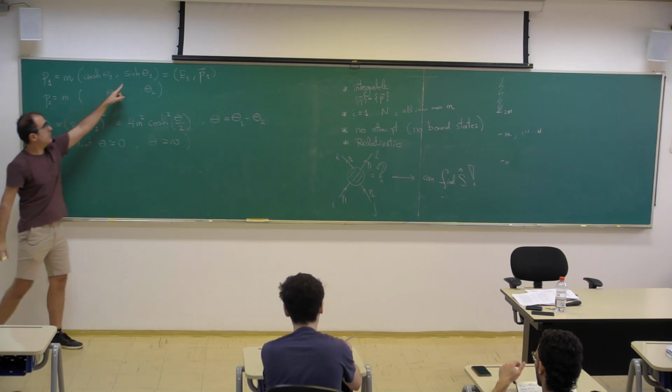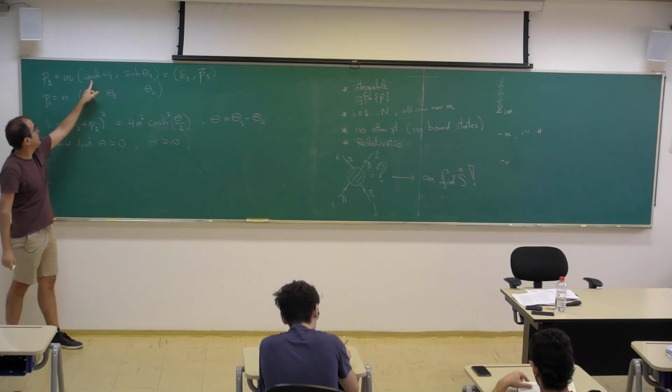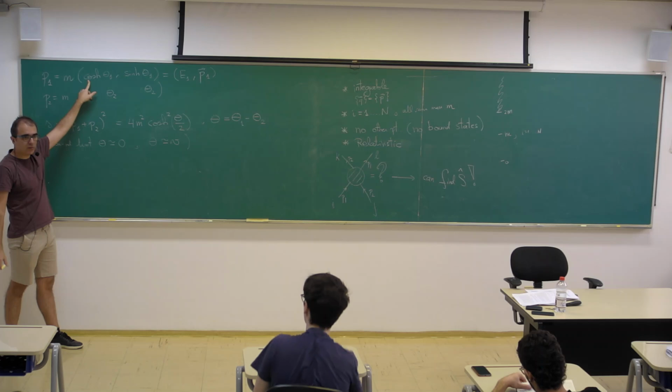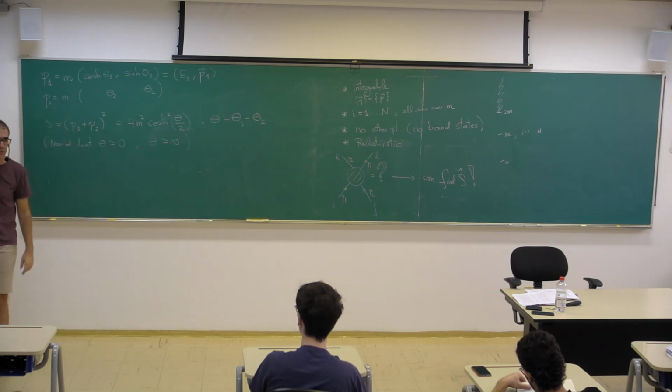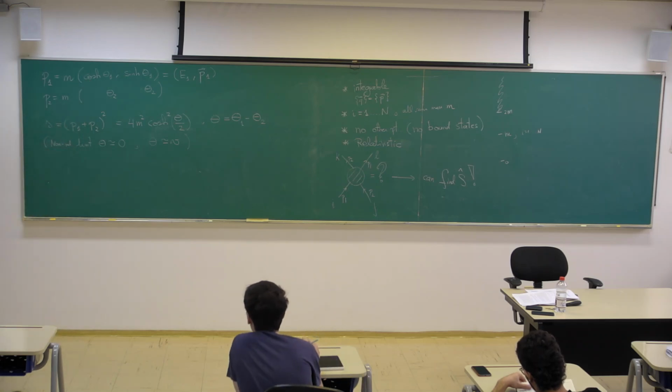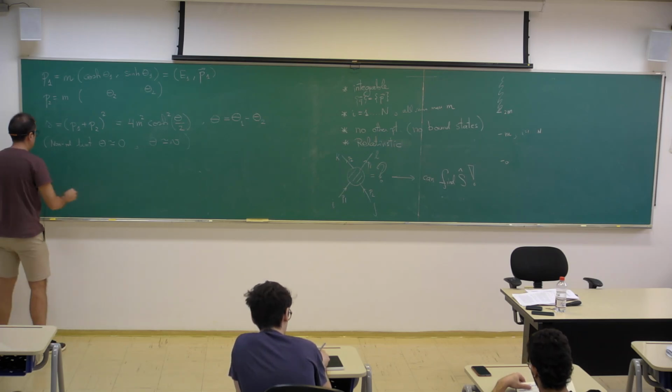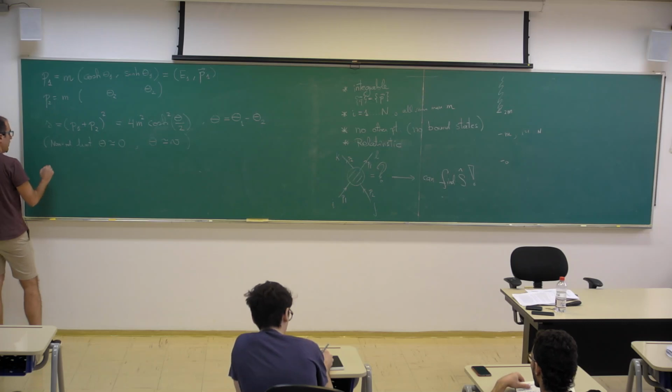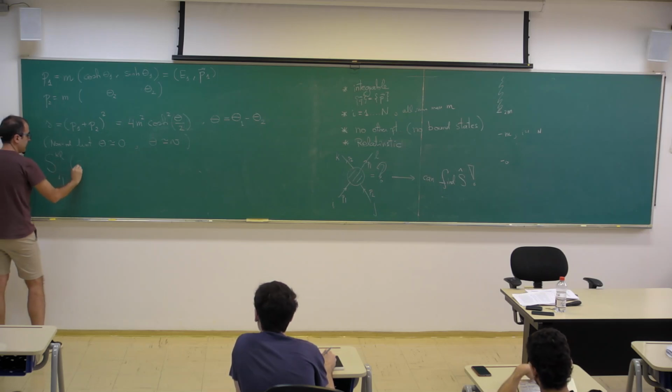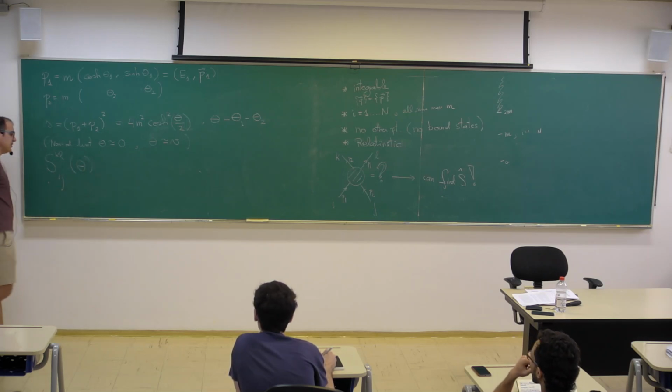Then this becomes the velocity, and this becomes m plus velocity squared over 2, which is the kinetic term. So now we made progress, because now we have a function S. It still has indices i, j, k, l, but at least it's just a function of a single variable theta.